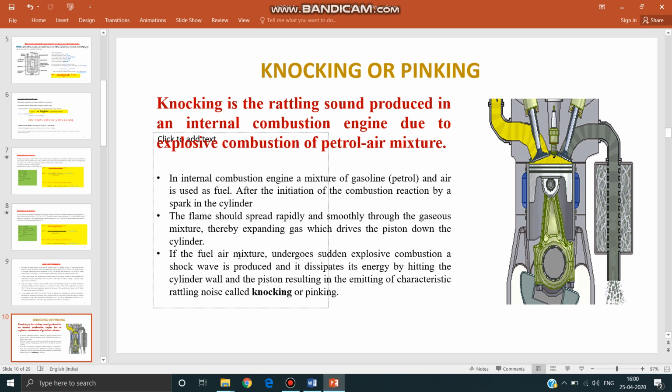Now, if the fuel air mixture undergoes sudden explosive combustion, a shock wave is produced and it dissipates its energy by hitting the cylinder wall and also the piston, resulting in the emitting of a characteristic rattling noise that is called knocking. So because of explosive combustion, knocking sound appears.